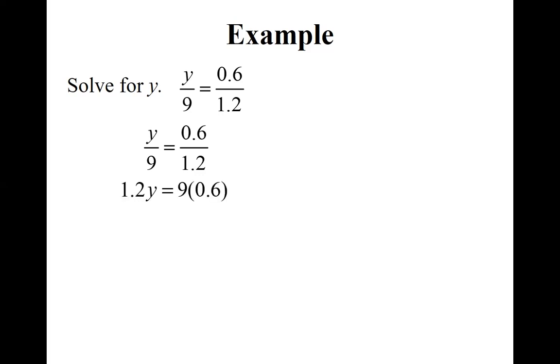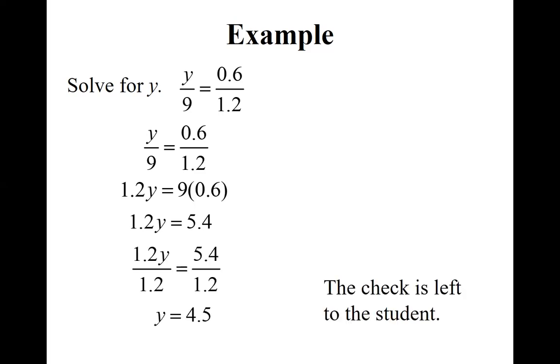Set the cross products equal to each other. 1.2 times y equals 9 times 0.6. Nine times 0.6 is 5.4. Divide both sides by 1.2, and we get y equals 4.5.